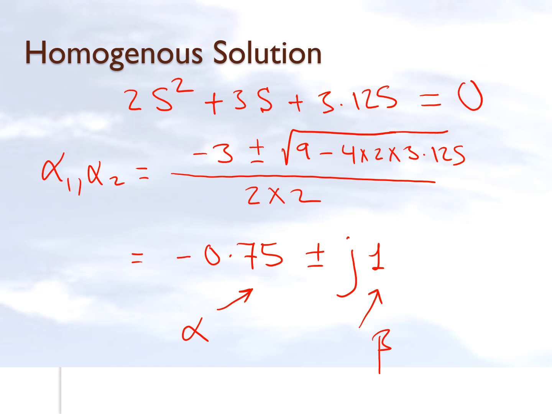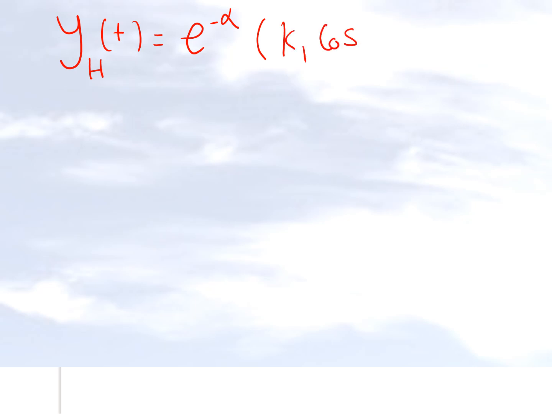So now we have the form associated with a complex conjugate pair of roots. The homogeneous solution is equal to e to the minus alpha t times k1 cosine beta t plus k2 sine beta t, where alpha and beta are the real and imaginary parts of the two roots.